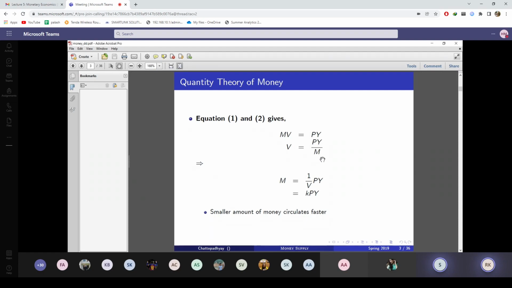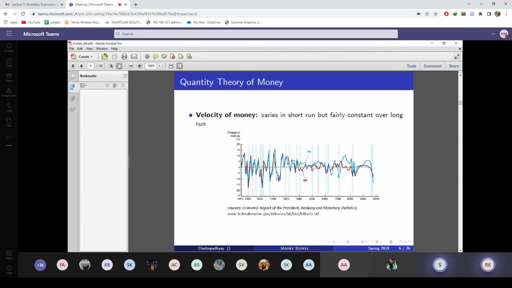Money supply has two measures, M1 and M2. So PY divided by M1 and PY divided by M2 gives you this velocity. This red line is the velocity associated with M2, and this blue line is the velocity associated with M1. What you see over here is that in the short run, there is considerable fluctuation in the velocity of money. But in the long run, the average is fairly constant.